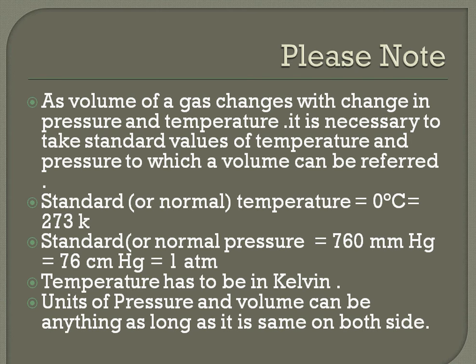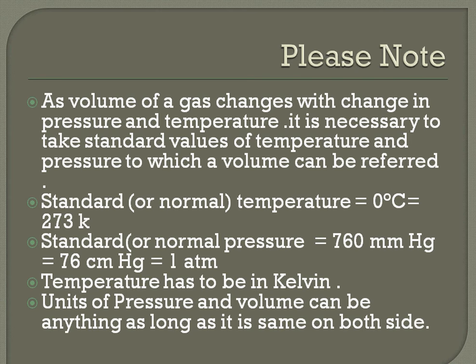As the volume of a gas changes with the change in pressure and temperature, it is necessary to take standard values of temperature and pressure to which a volume can be referred, right? First, what is standard temperature or say normal temperature? We call it STP or NTP, that is 0 degree Celsius, that is 273 Kelvin. What is standard pressure?